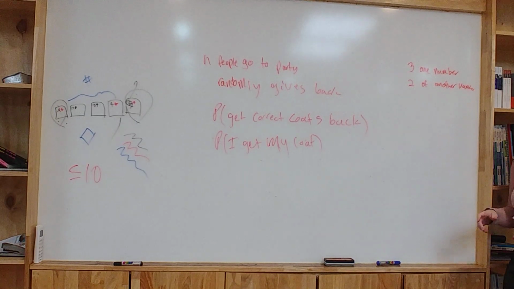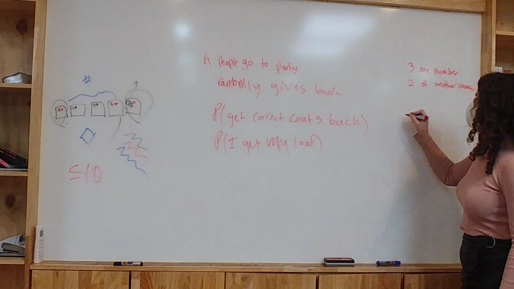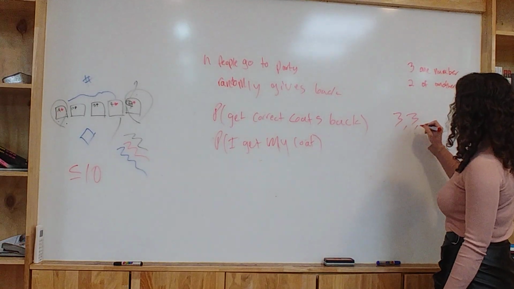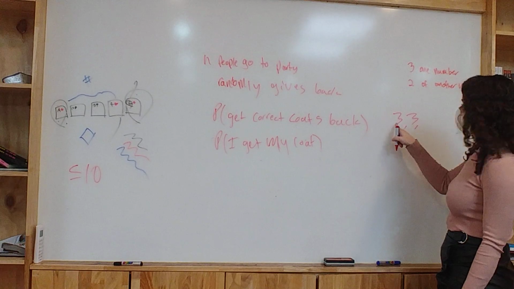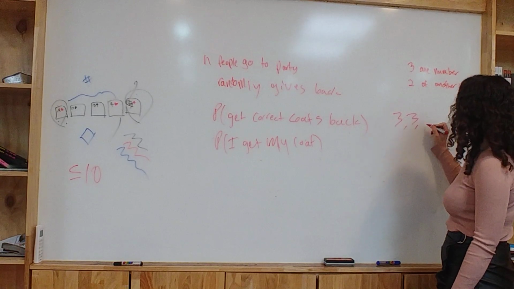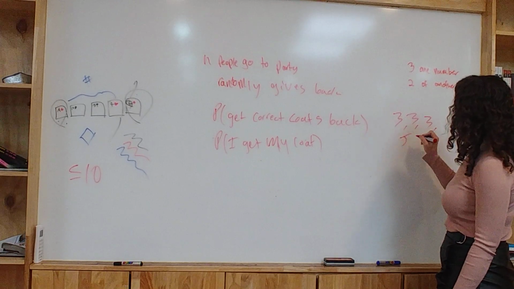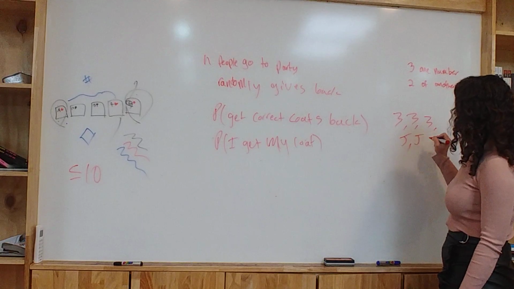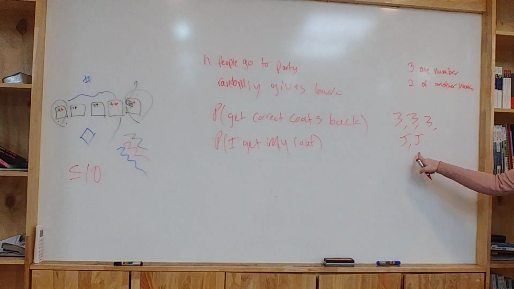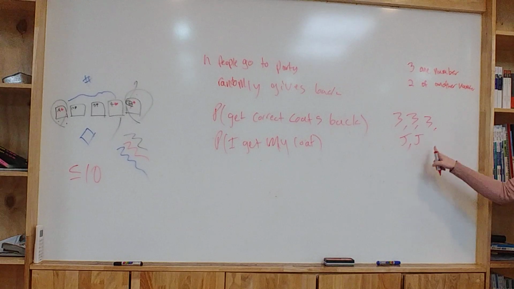Okay, this is a little easier. For example, a card that has a 3, a card that has a 3, a card that has a 3, and 2 jacks.